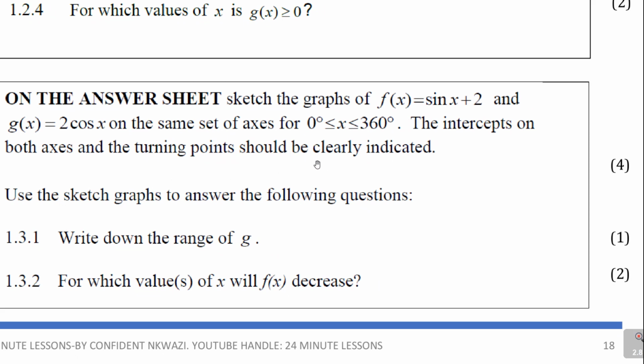But it's a matter of using your calculator correctly. Alright, and then from there use the sketch graphs to answer the following questions. Write down the range of g. Remember, range stretches the y values where g starts and ends. For which values of x will f of x decrease? So let's try that. Pause the video, try it yourself and see if you can match.